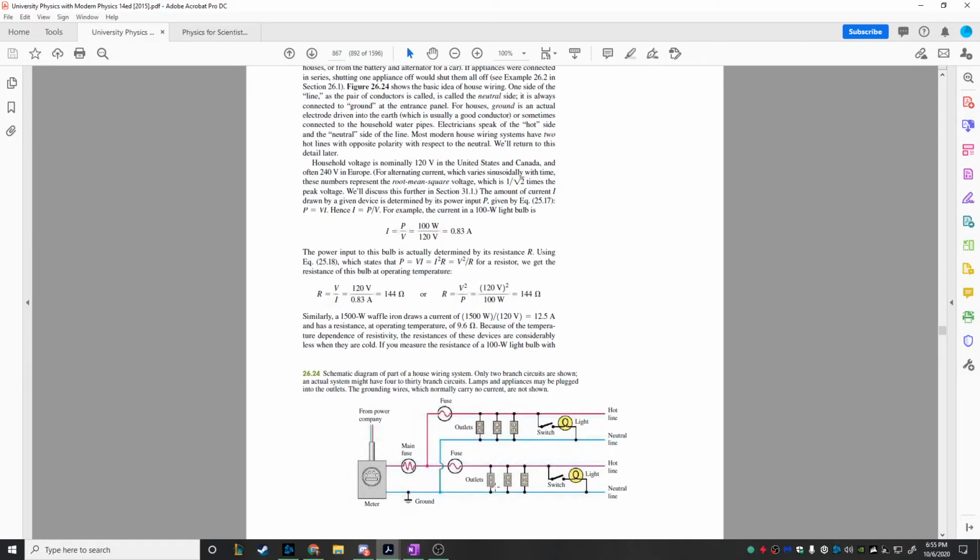How within your home you have these things that are called fuses. Within your home, you have these things called fuses and a power meter that gauges exactly how much you use. It shows how all the outlets are wired in parallel.